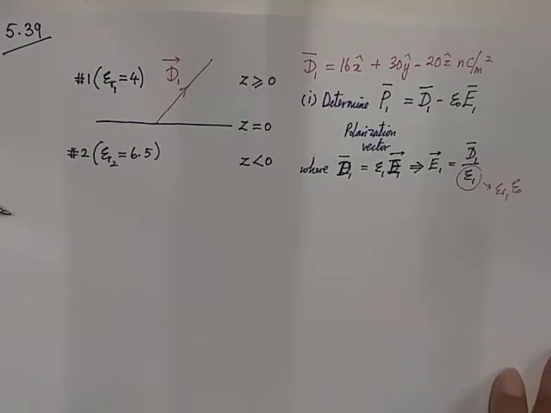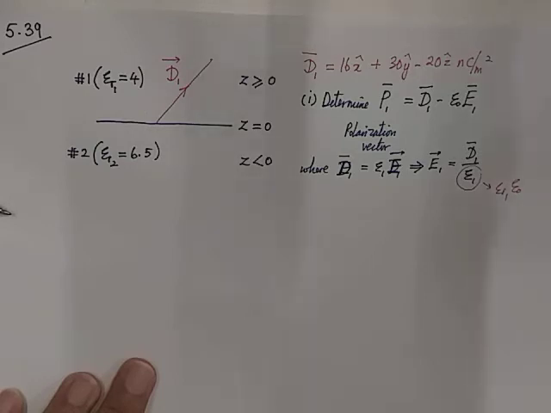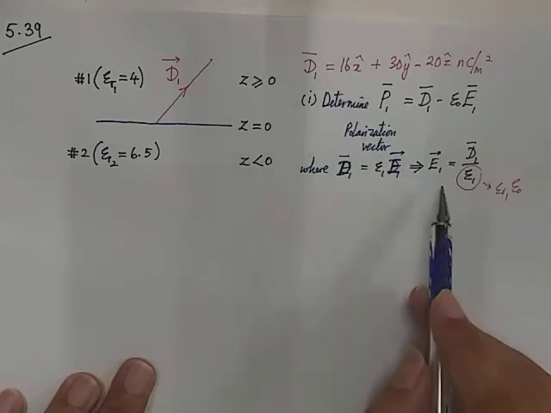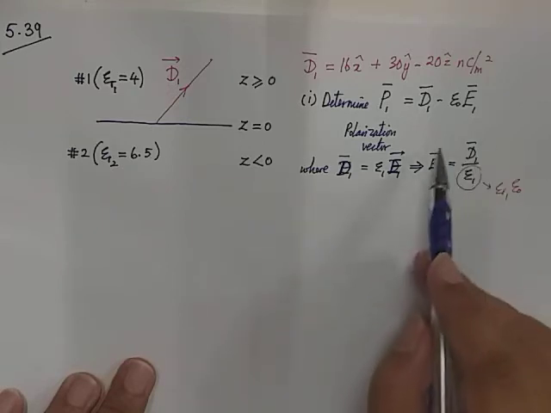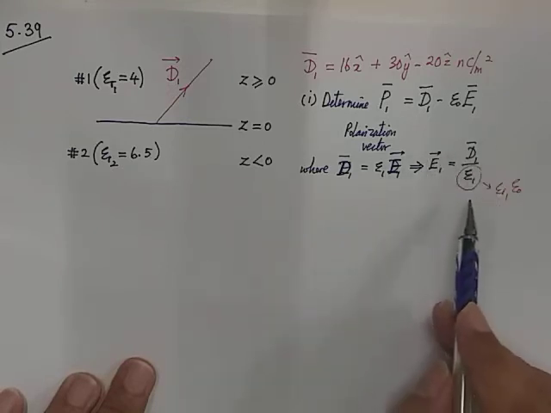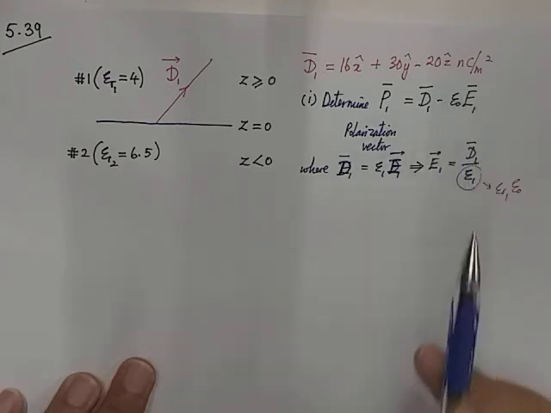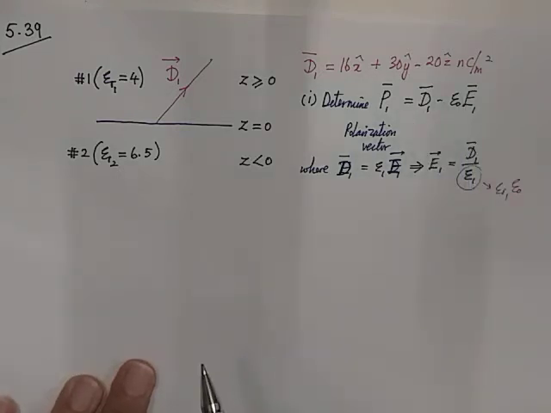You need to find that and then substitute into the equation. D1 is just the given value. For E1, you find it from D1 using these terms, then substitute everything and you can solve for P1. That should be the method to find P.